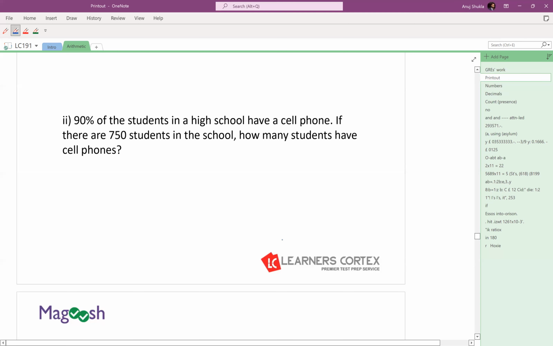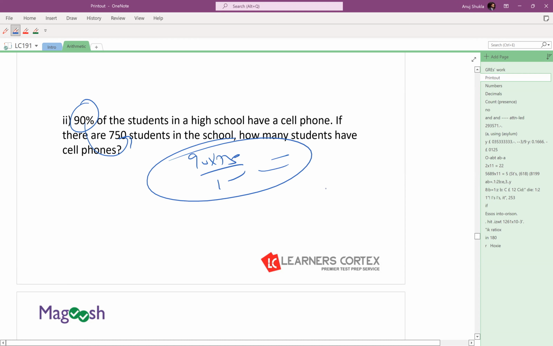90% of the students have a cell phone. So 90% of 750, you have to get it. 90% of 750 is 90 into 750 by 100. Or you can say 90% have the cell phone, so 10% do not have the cell phone. 10% of 750 is 75. 75 do not have the cell phone. So how many have a cell phone? 750 minus 75, that is 675.